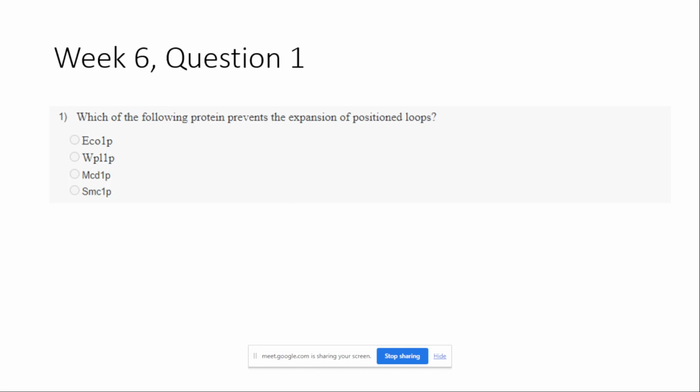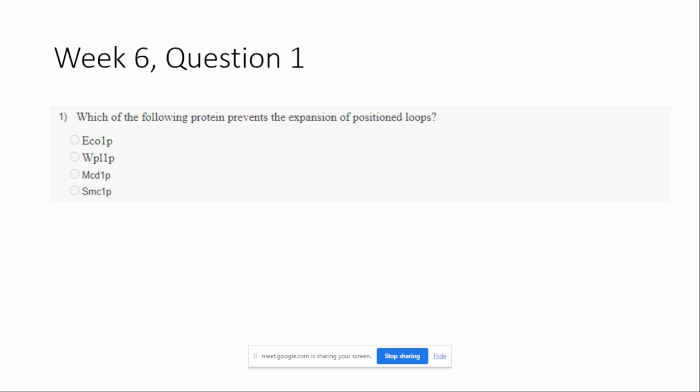The options are ECO1 protein, WPL1 protein, MCD1 protein, and SMC1 protein. Which one should be the right option? For cohesin, which protein is responsible for preventing the expansion of the positioned loops?